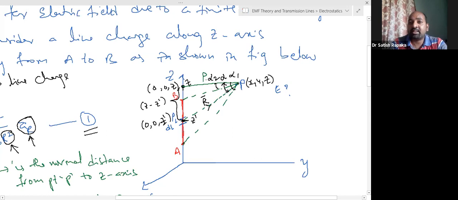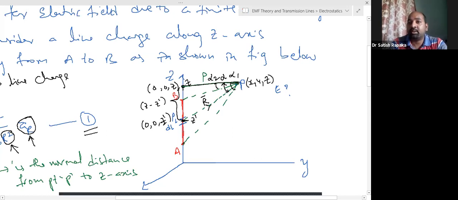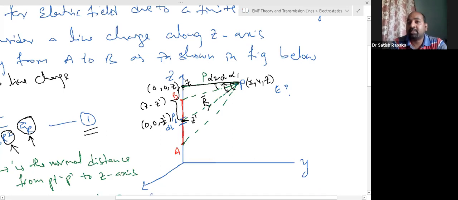And this length, as we know, is rho, from here to here.